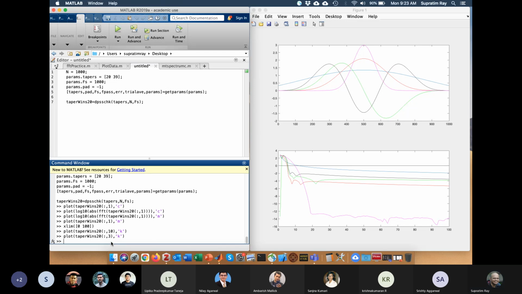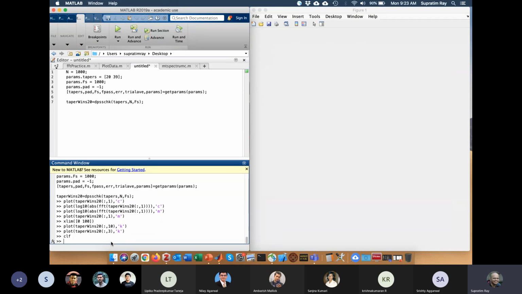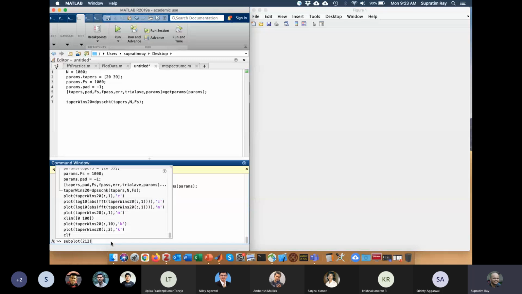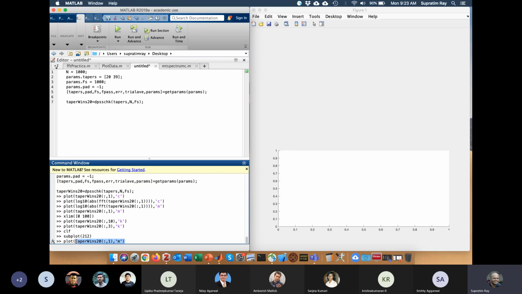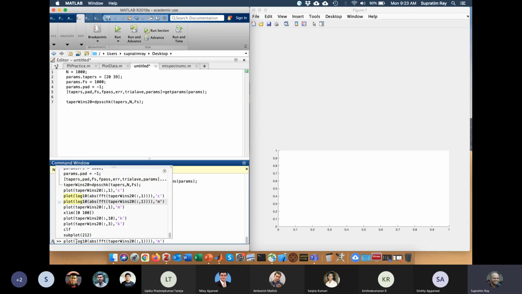Where is the black one? 1 second, I'll just clear the figure. Subplot 212, plot taper wins. Oh, I was plotting the actual signal. Sorry, I should have plotted the log of the.